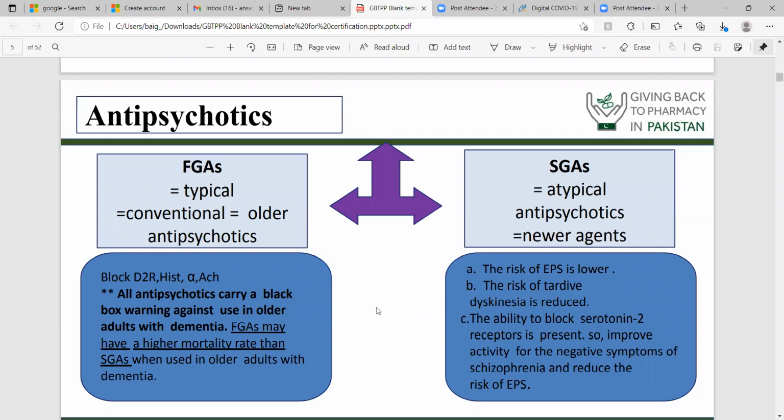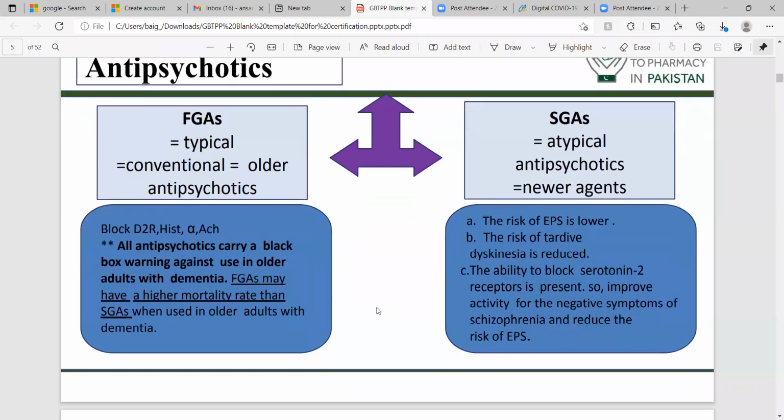Those are newer agents. First generation or typical antipsychotics have a higher mortality rate than second generation when used in older adults with dementia, and they have a black box warning against use in older adults with dementia. So just keep that in mind.